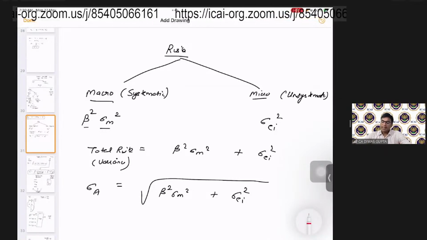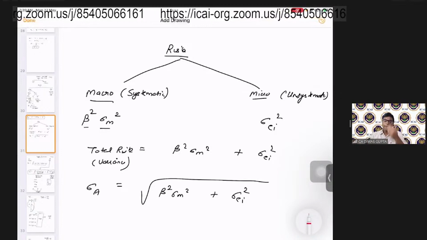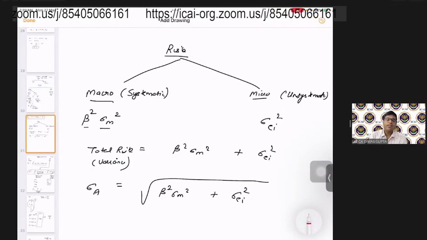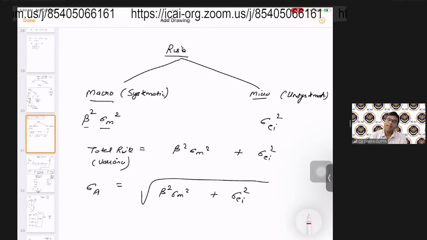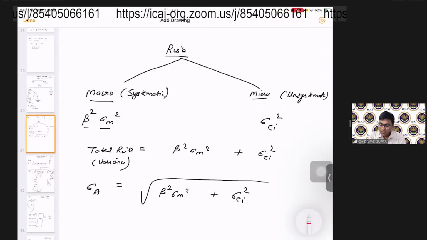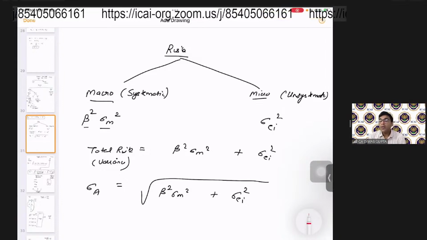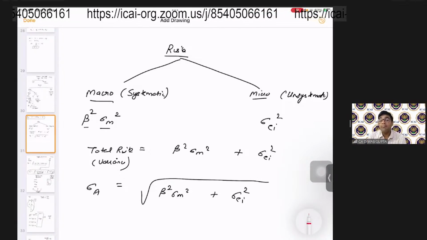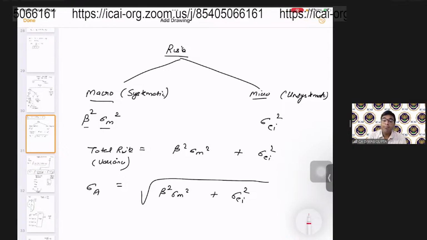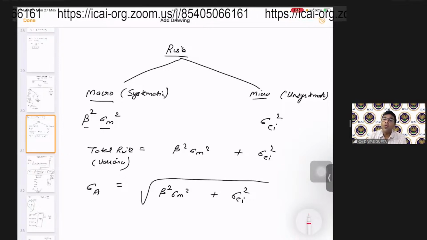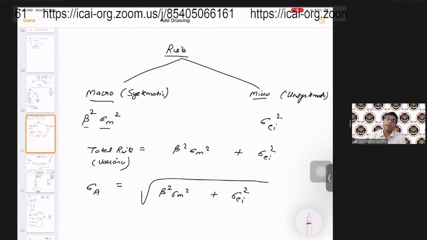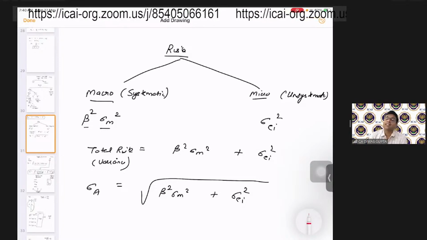One is the systematic and second one is the unsystematic. Systematic is macro and unsystematic is micro. So the way beta into return of market is the macro return, similarly, beta square into variance of market will become the macro risk.